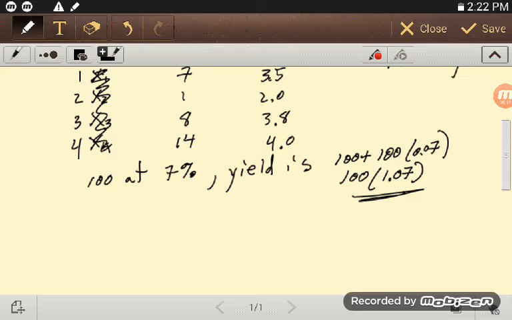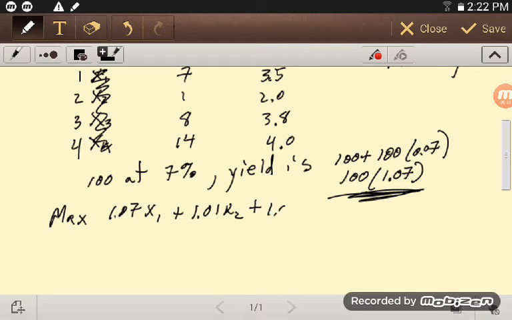So not a big deal. So we'll assume that's what we mean by yield. And so we would like to maximize 1.07 times our x1 plus 1.01 times our x2 plus 1.08 times our x3 plus 1.14 times our x4.